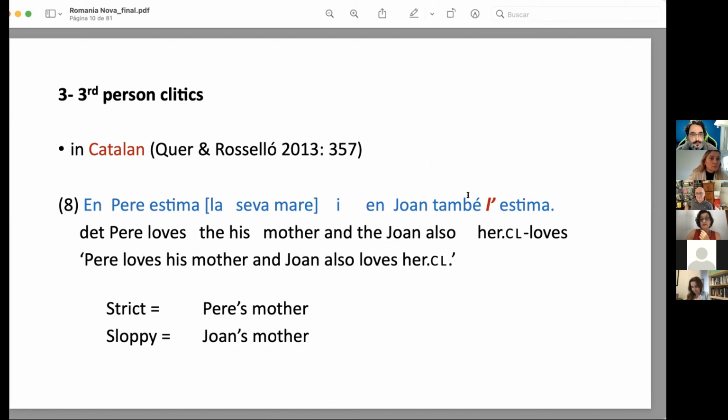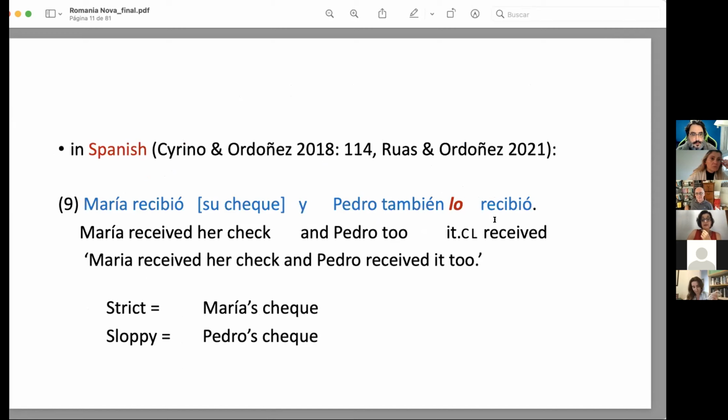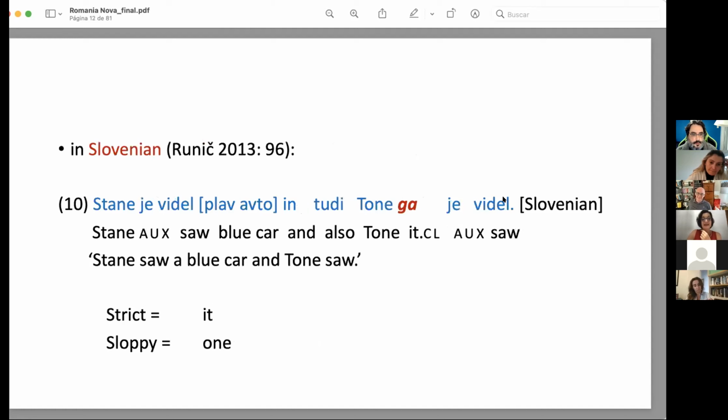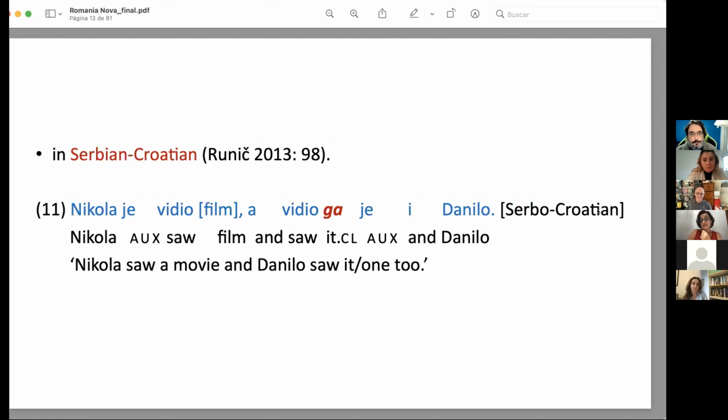And here it has an animate antecedent. In Spanish, we have these strict and sloppy readings according to what we have just seen, but then we have an animate antecedent. But also in languages like Slovenian, clitics have been reported to allow strict and sloppy readings, and Serbian and Croatian as well.